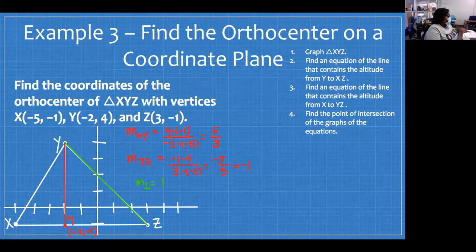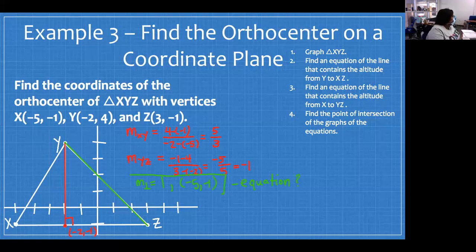So we need a line that is perpendicular, would have a slope of 1. And it needs to come from x, which is -5, -1. So now we have to come up with an equation for this line. A line that has a slope of 1 and passes through -5, -1, right?